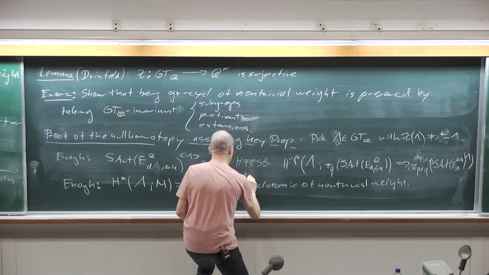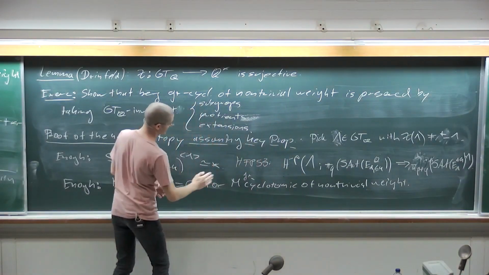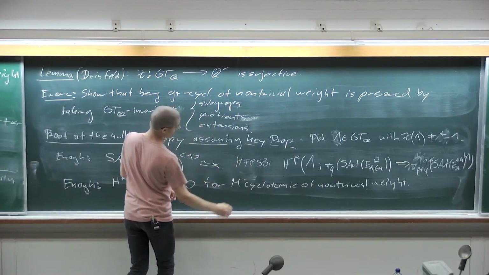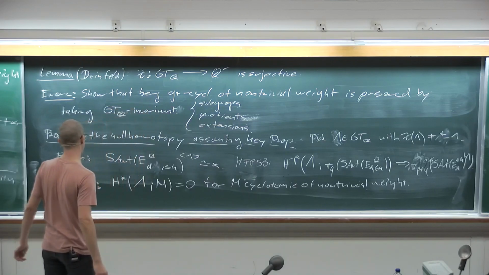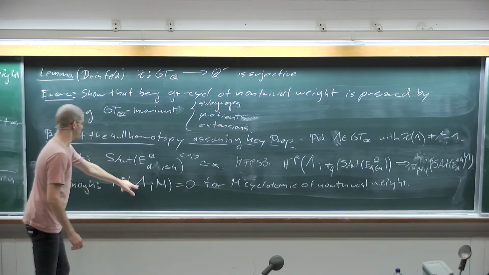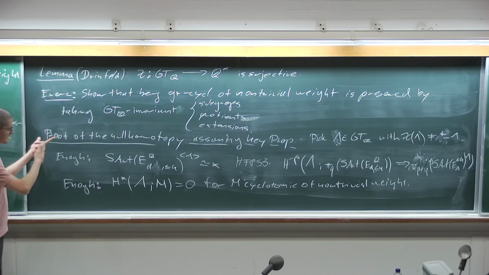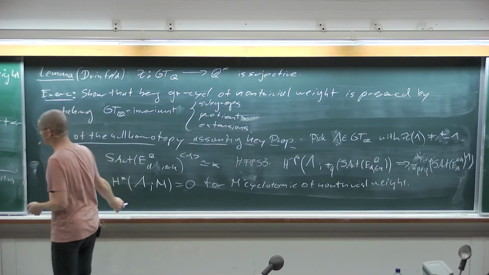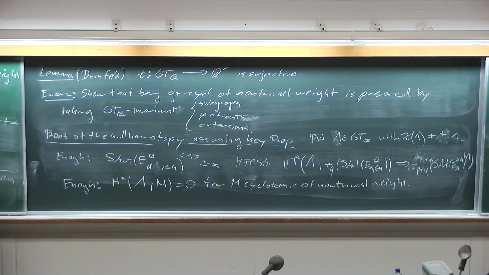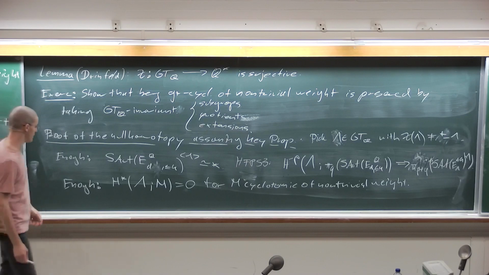So first I should have written cyclotomic of non-trivial weight, then I argued that in fact it's enough to show it for that case. But this is a cyclic group, so in particular its generator is central, and I know that it acts by multiplication by chi of lambda to the power of i.